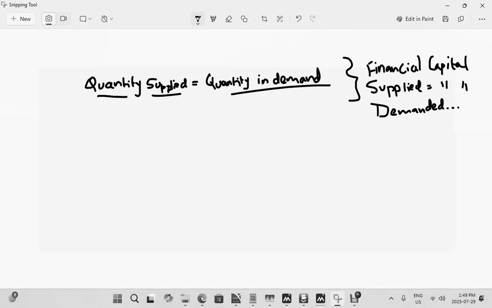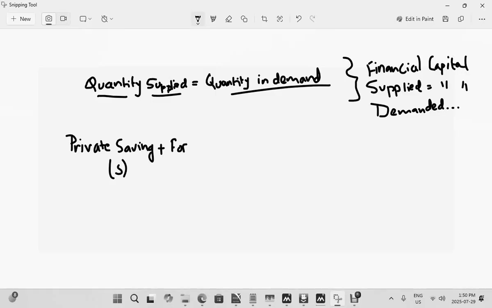Now, when it comes to quantity supplied, we know that the financial capital is supplied through private saving, which has to do with S, as well as inflow of foreign income.